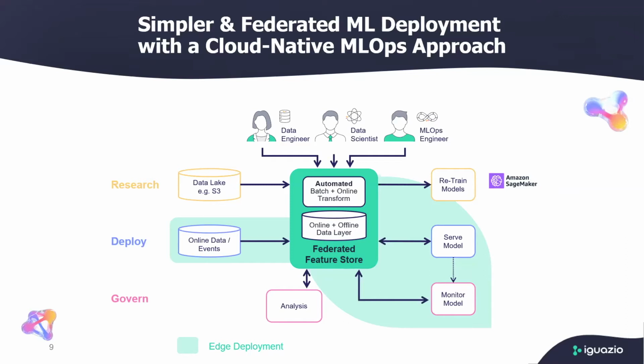But sometimes some of the features exist on premises, some features happen to be in the cloud, and maybe even the batch ones are here and the real-time ones are in another place. So we need a way to federate the different definitions and the transformation logic across those two.